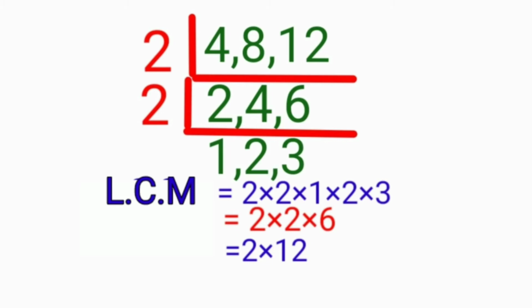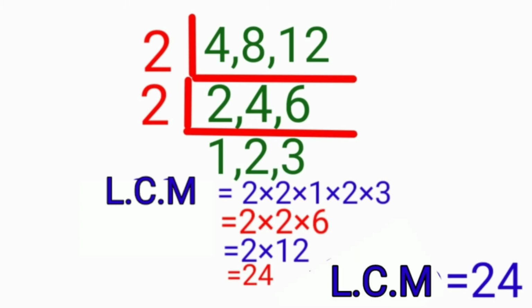So we have 2 into 12. 2 12's are 24. Now we have the LCM as 24. The LCM for 4, 8 and 12 is 24. For any numbers we can find the LCM in this method.